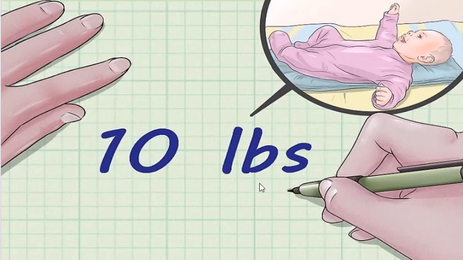Say that a newborn baby is weighed at the doctor's office and found to be exactly 10 pounds. We would start our conversion by writing 10 pounds on the paper. 10 pounds.